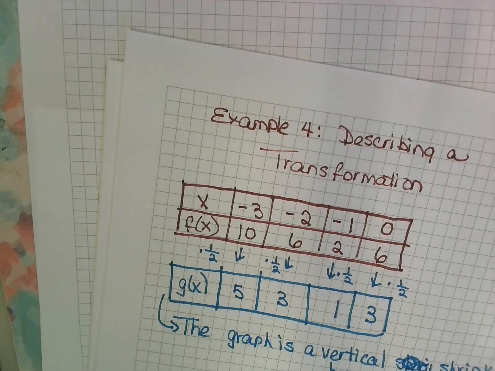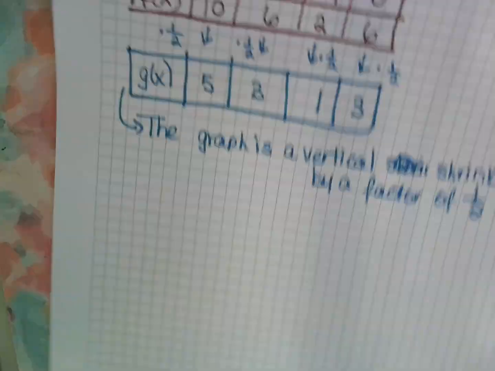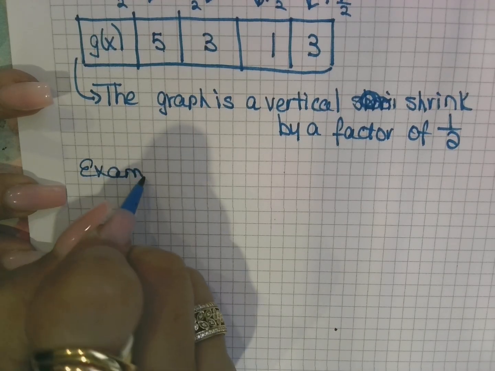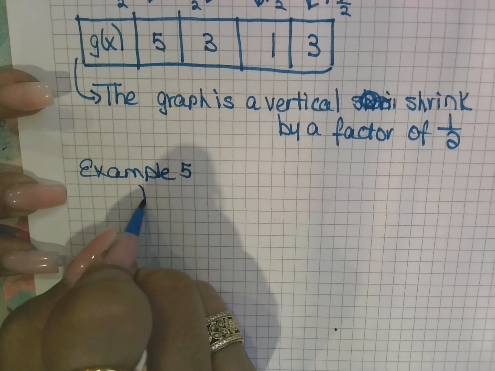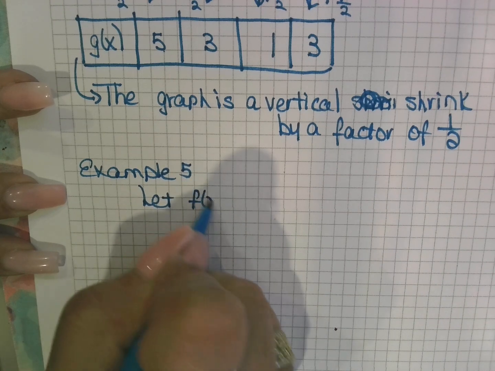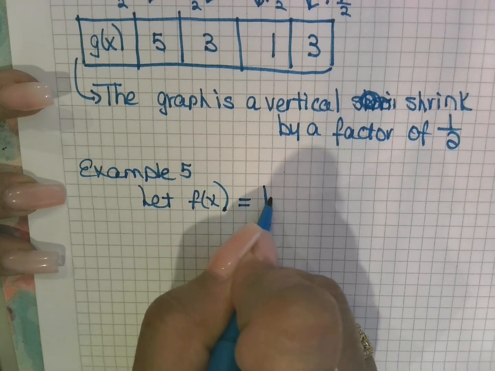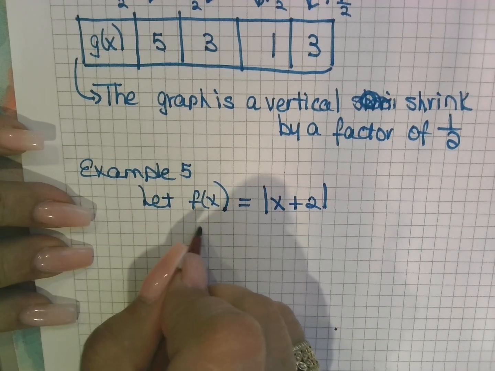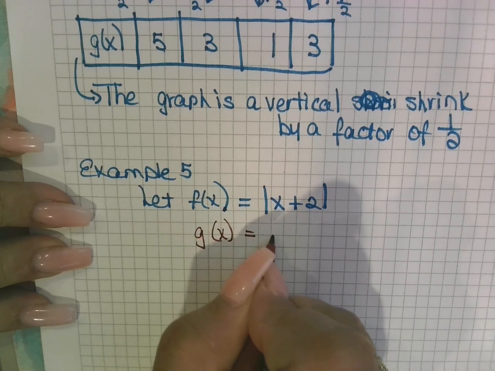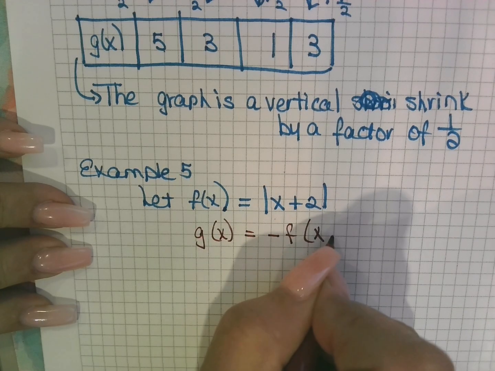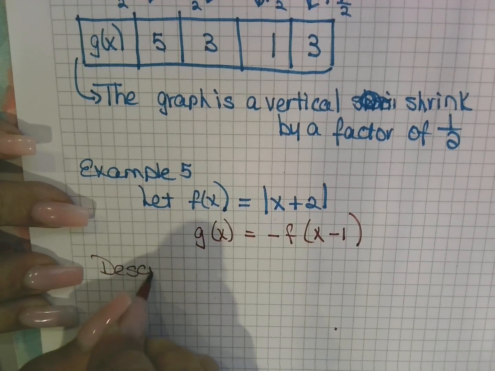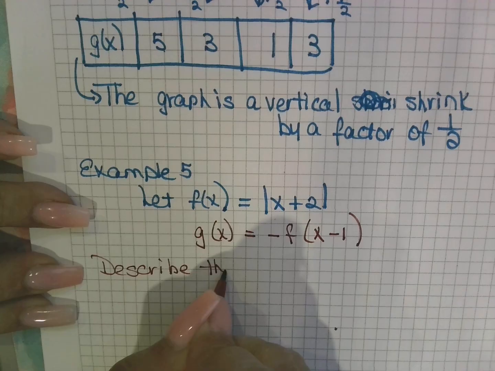And example number 5. Let f of x equal the absolute value of x plus 2, and let g of x be negative f of x minus 1.